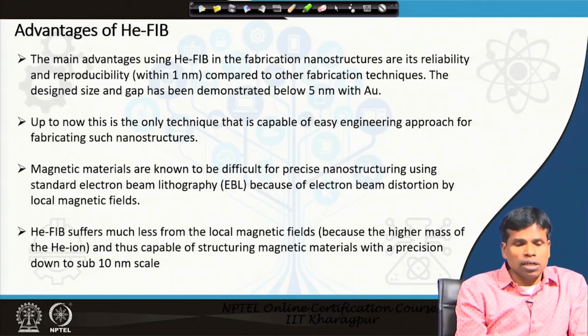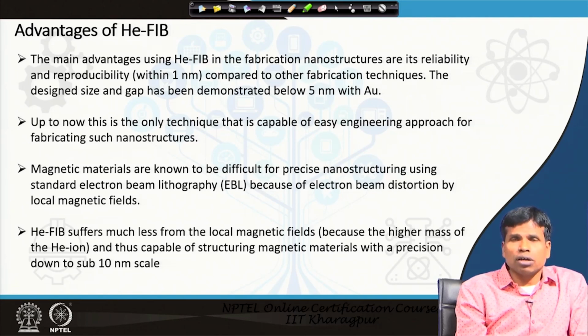At present, only helium ion microscopy is capable of such nano engineering at sizes below 5 nanometer. Another advantage of helium focused ion beam is that magnetic materials can be processed.